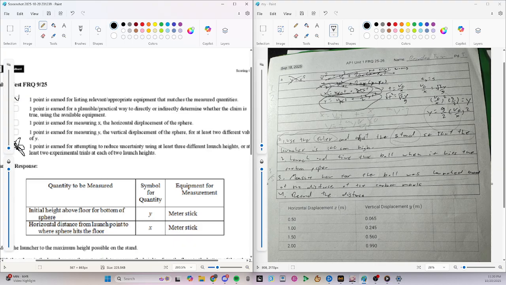I didn't add a part that says do multiple trials to reduce uncertainty.